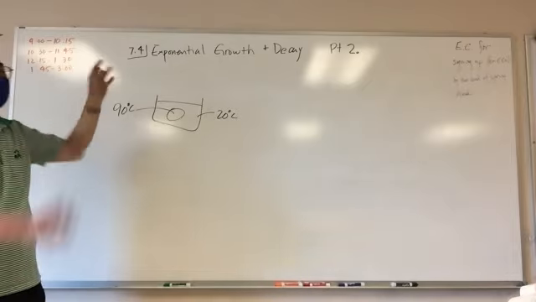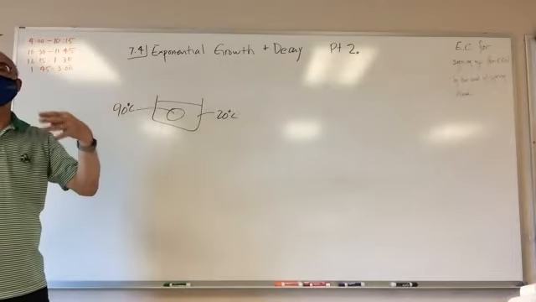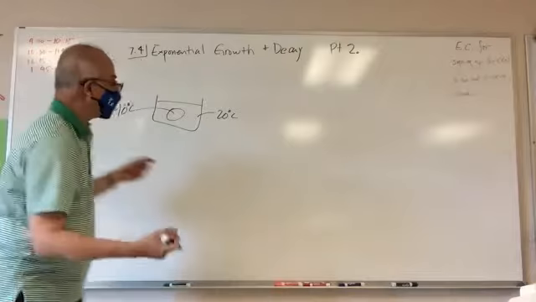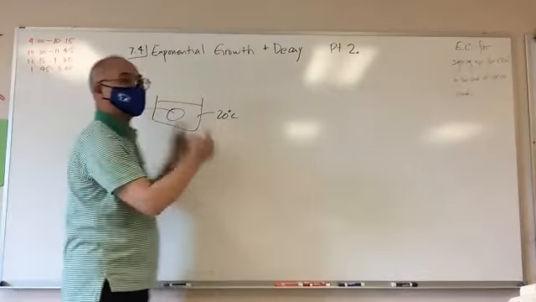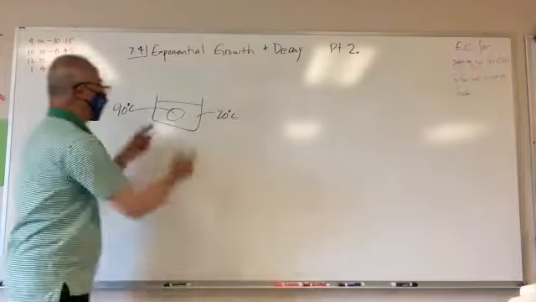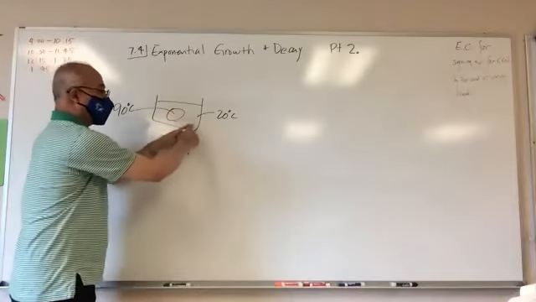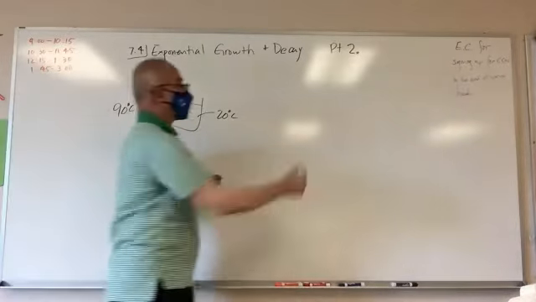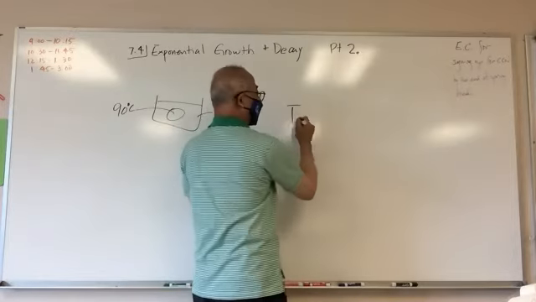So anyway, what is driving the cooling mechanism? It is the temperature difference, right? There's a temperature gradient. It's the temperature difference between your egg and the cooling medium. So remember the equation.